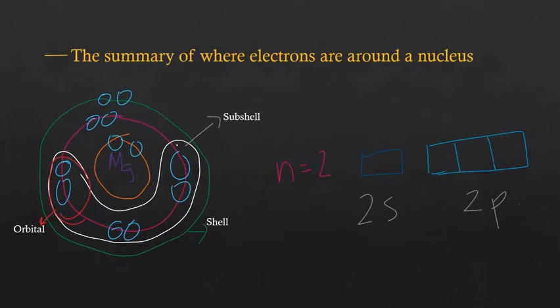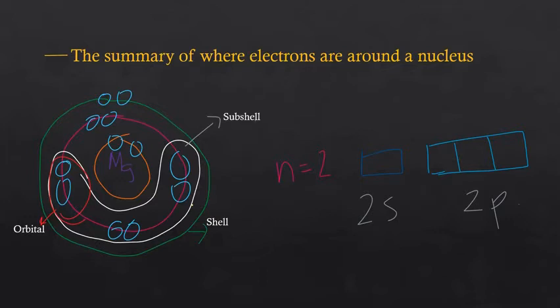And within each of these subshells, we can find a certain amount of orbitals which carry exactly 2 electrons. So right here, we have a subshell with an orbital inside of it with 2 electrons, and this subshell is carried by this shell right here, the magenta pink.